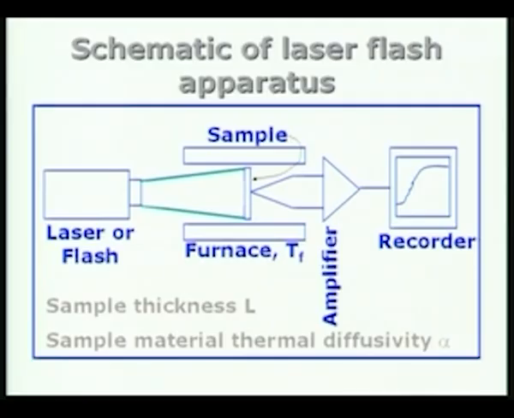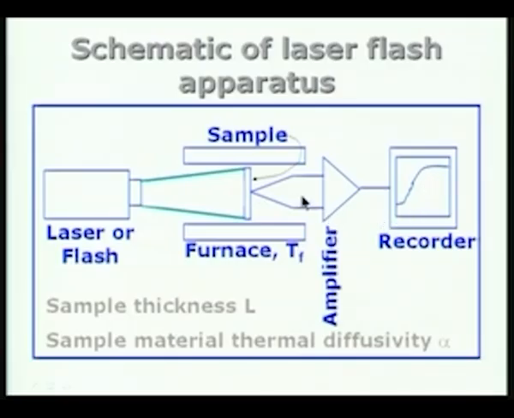So the energy is supplied to this side of the sample by a flash or a laser, for a very brief period. Okay? And then at the back of the sample, I have attached a temperature sensor. I am going to study the transient response of the temperature sensor applied at the back, and I will amplify the signal if necessary and record it.